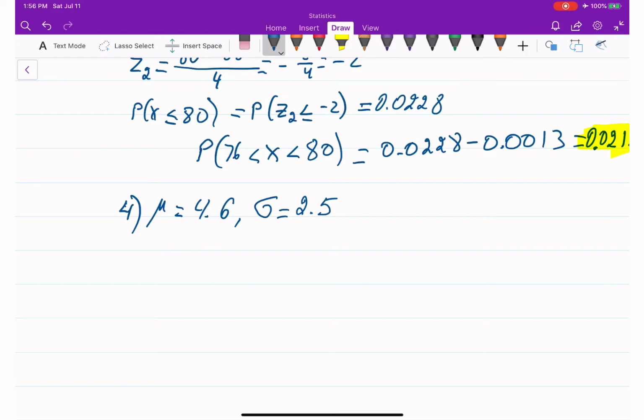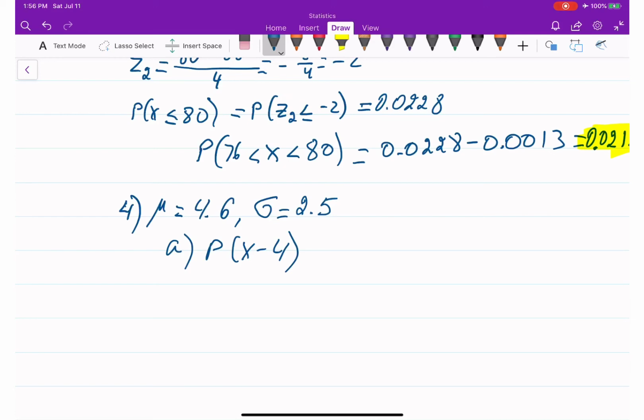So first of all, we are answering what's the probability that a randomly selected study participant's response is less than 4. So we need to find the probability of x less than 4.